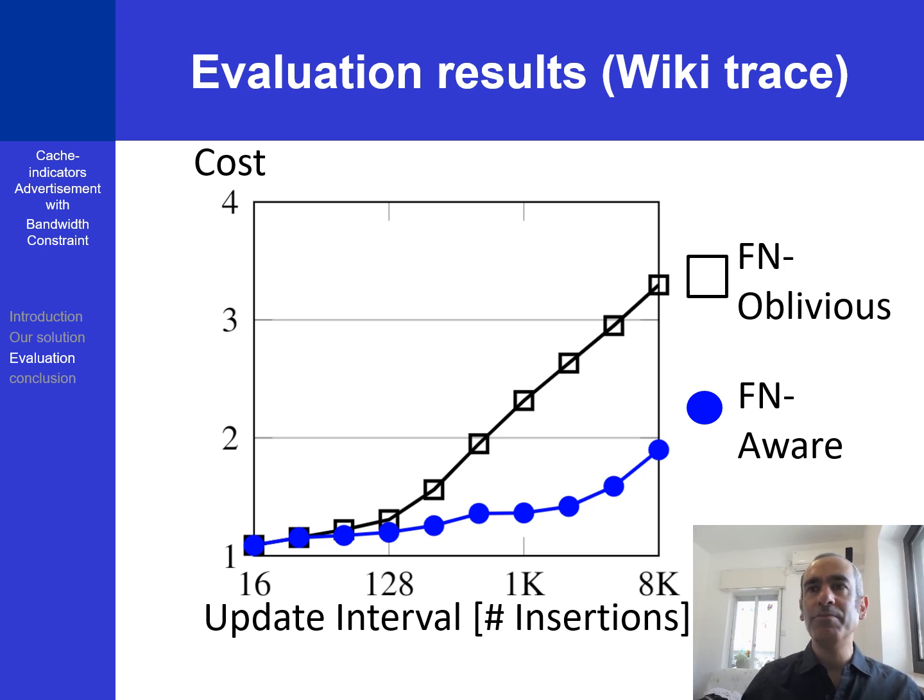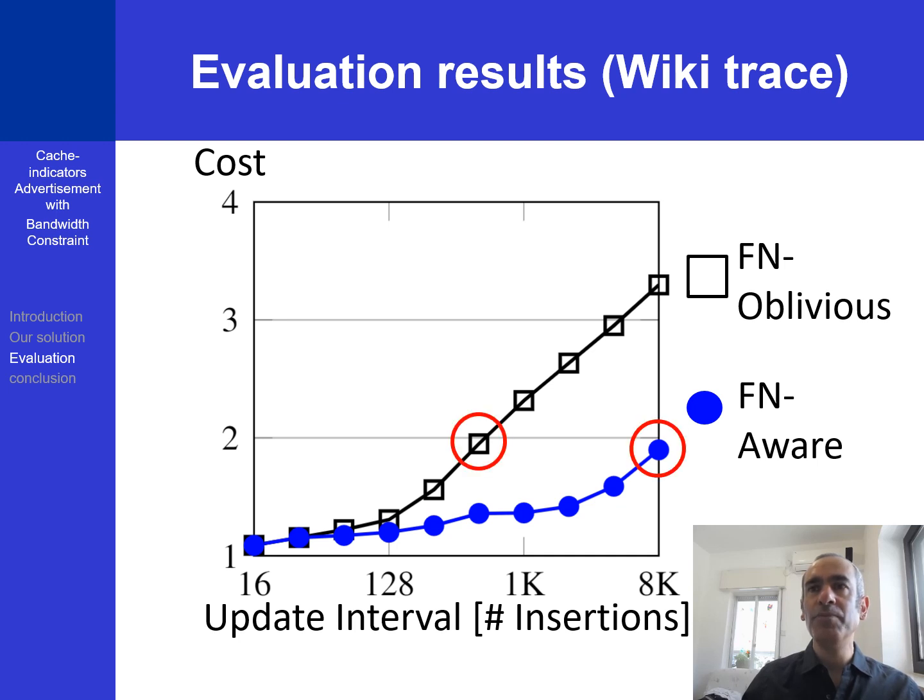However, our suggested false negative aware algorithm shows only a very mild increase in the cost, while the state-of-the-art false negative oblivious approach experiences a very steep increase in the cost.